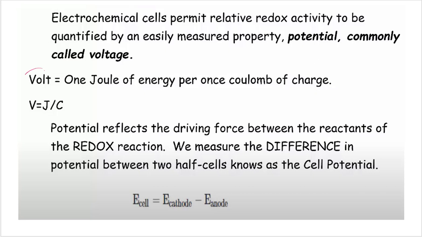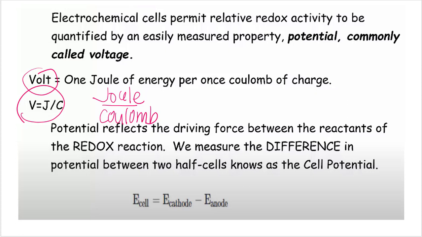Now, a definition of volt that we need to know. This is for future calculations as well. The term volt is defined as a joule per coulomb. One joule of energy per coulomb of charge.